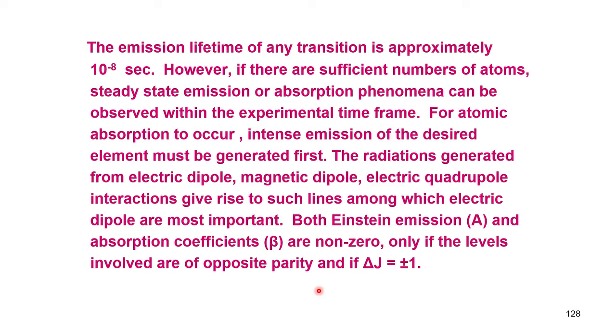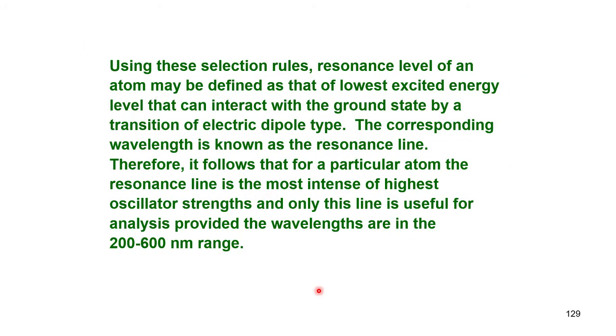Using such selection rules, which are available from the literature, the resonance level of an atom of any element may be determined as the lowest excited energy level that can interact with the ground state by a transition of electrical dipole type. So, with an electrical dipole type, given a selection rule, the resonance line of any element can be determined.